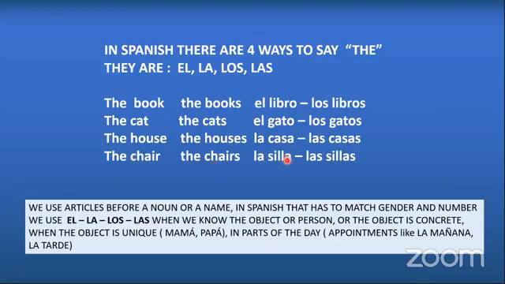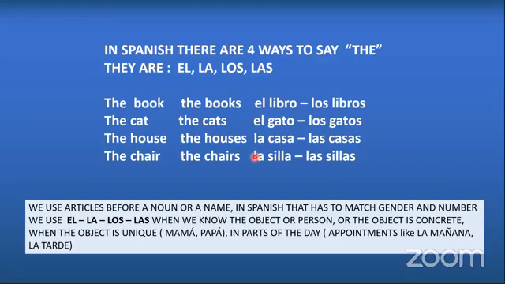The chair, the chairs. La silla, chair, silla. Silla ends in A. That's why the article is going to be la silla to match the noun here. If this is a grammatically feminine noun, I have to match with la.